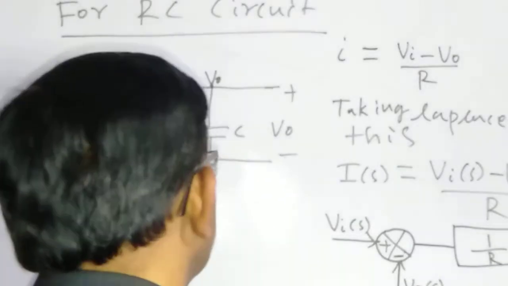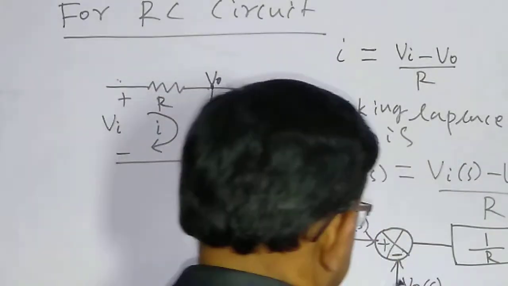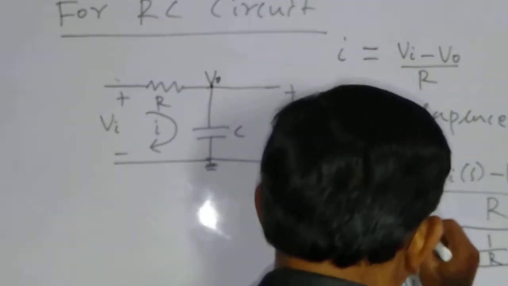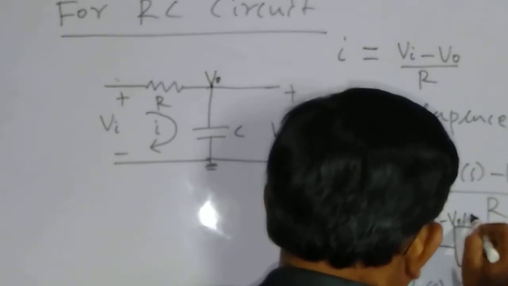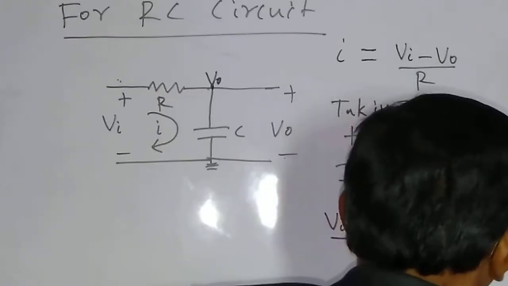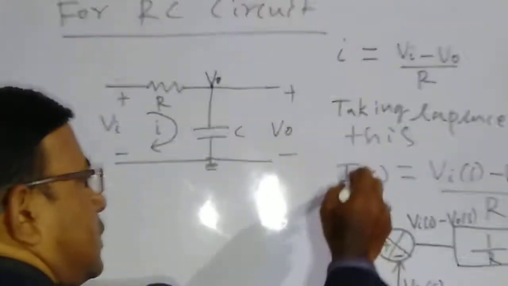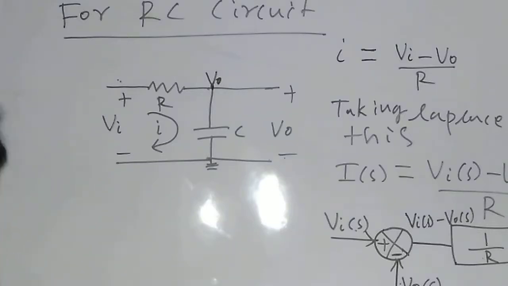So this branch current I of s is represented by this block, that is Vi of s minus V naught of s divided by R is equal to I of s. This equation is satisfied.